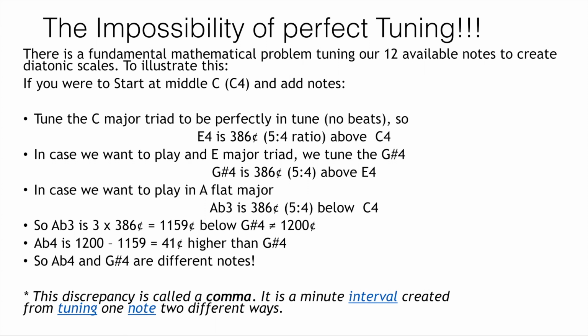There's a 41 cent difference. If we took the low A flat and then got its octave, our A flat and our G sharp would be different notes. So this discrepancy in tuning has a name. It's called a comma, and it's a minute interval created from tuning one note in two different ways.